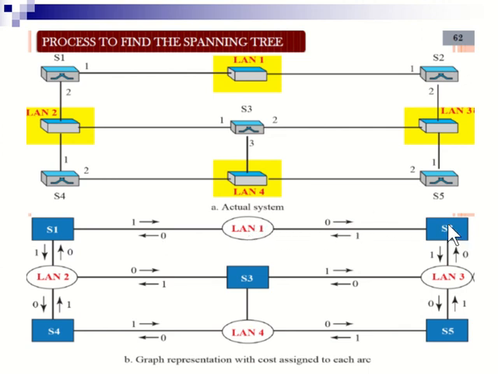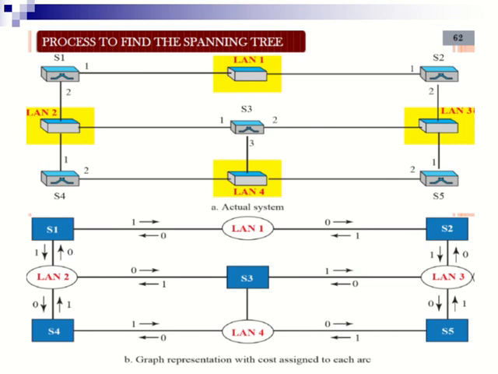You can see here, from switch to LAN it is 1, from LAN to switch it is 0. The same thing has been done in all other cases. So for all the switches to and from a LAN, a cost will be assigned.